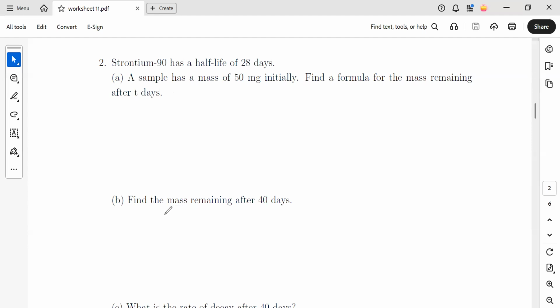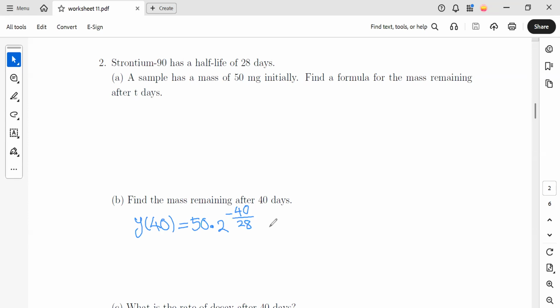Part B says y of 40 is 50 times 2 to the power negative t over 28, which is negative 40 over 28.